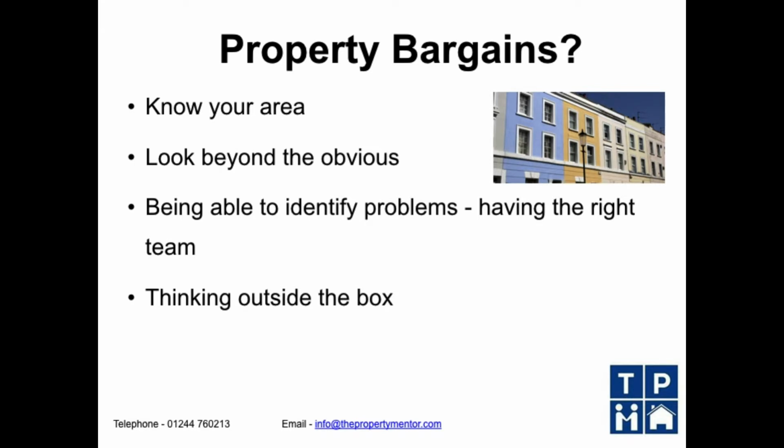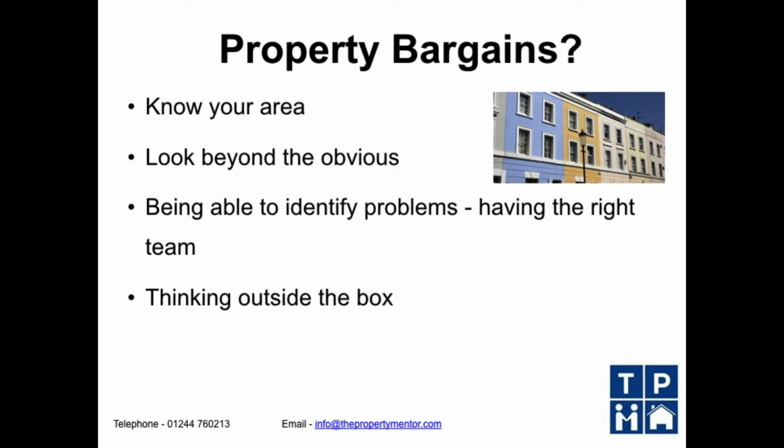Another area of identifying a property bargain is where you can think outside the box. When I say think outside the box, I'm thinking about things like, if you see a property, most people look at it and think, okay, that's maybe a 2-bedroom terrace house, and it's on for the normal price of other houses.